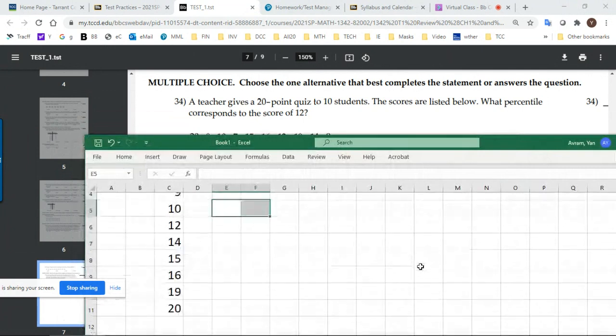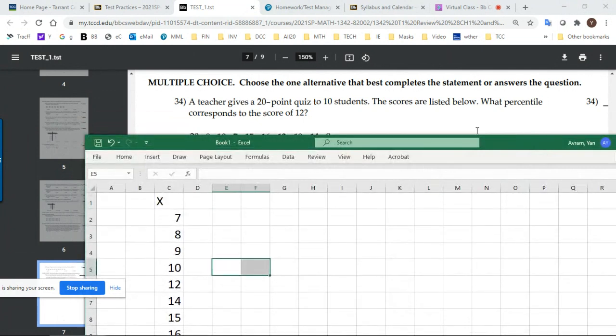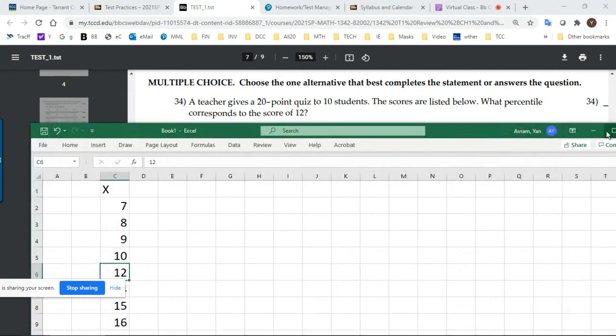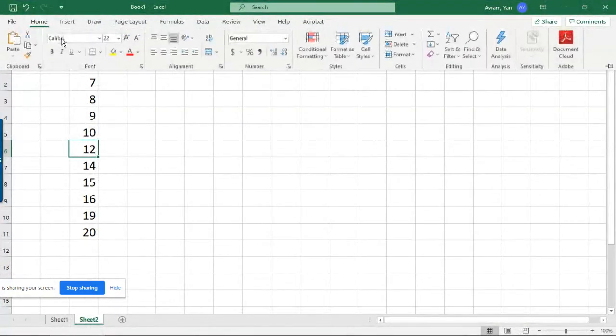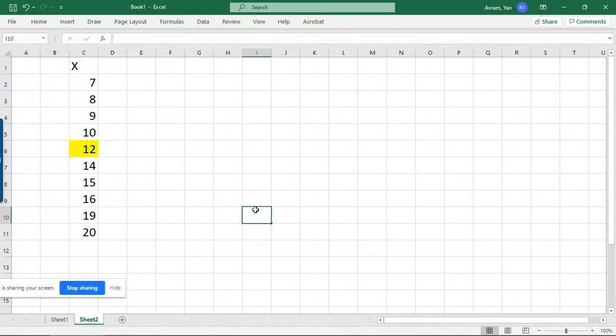And then you want to see what's the percentile corresponding to the score 12. My score 12 is right here.